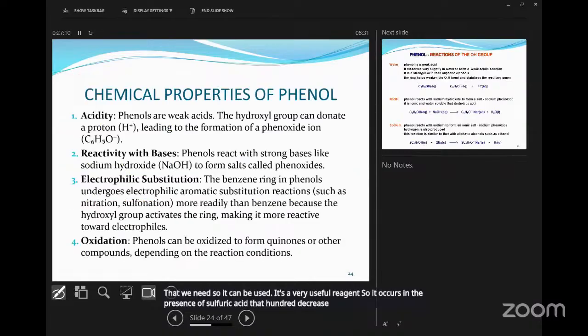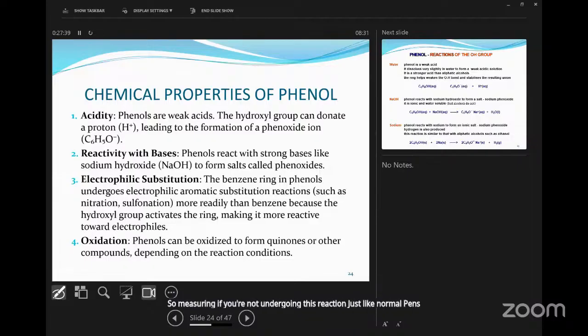Like I said, phenols are weak acids because they can release a proton and form the phenoxide ion. So the hydroxyl group can donate its proton for its acidity, and this also defines its reactivity with bases. Because of that, they can react with bases like sodium hydroxide to form salts, and they can also undergo electrophilic substitution reactions. The benzene ring in phenols undergoes this reaction just like normal benzene.